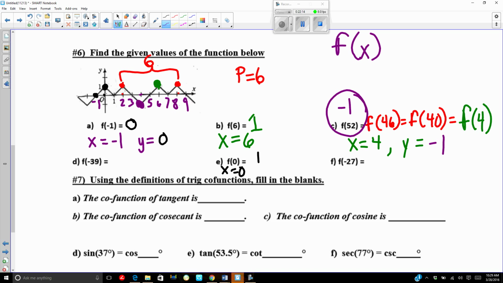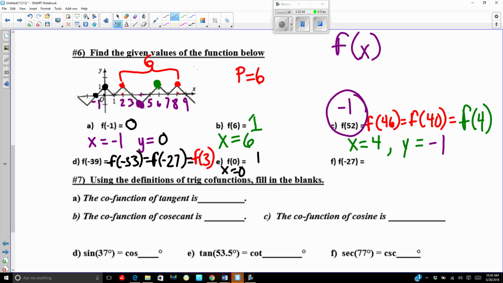Same idea here for f of negative 39, except this time we want to add 6, since we're in the negative numbers. So if we do negative 39 plus 6, we get f of negative 33. Add 6 more, you get f of negative 27. You keep doing that until, again, we get a value that we know. Eventually, you get f of 3.